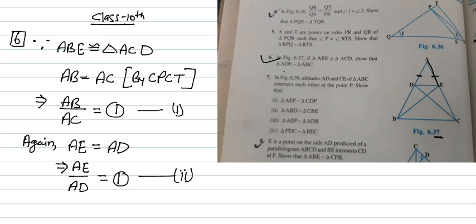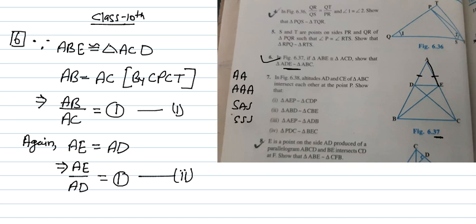Now what are we looking for here? You have to show triangle ADE is similar to ABC. There are many criteria for similarity like double A rule, triple A rule, SAS and triple S. These are the four basic criteria for similarity.